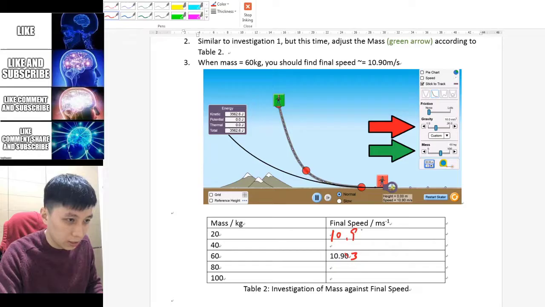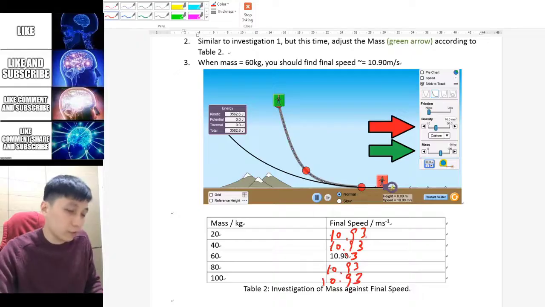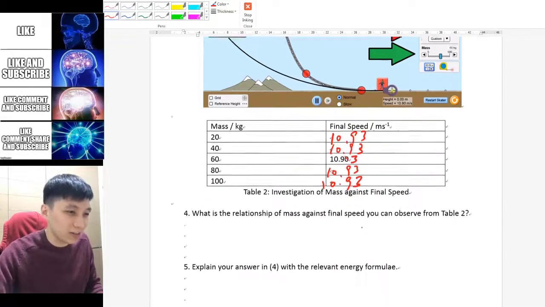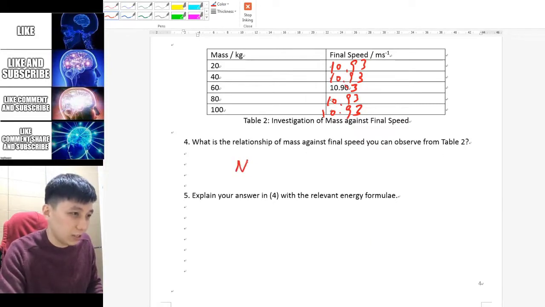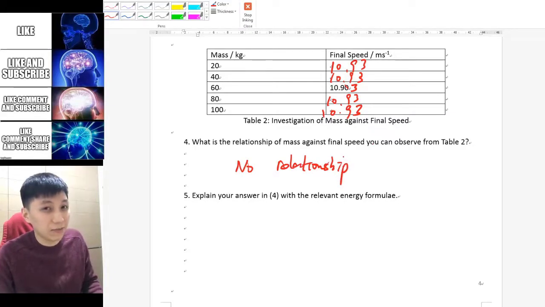So all these are the same. And of course, that's why I didn't ask you to plot the graph in the next part. And so the relationship that you could observe is actually no relationship. I mean, having no relationship is also a kind of relationship.